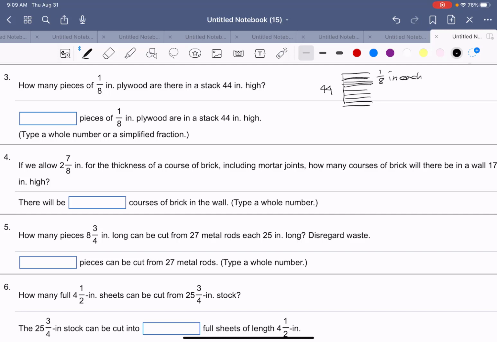We've divided our whole stack by 1/8 inch boards, so we're going to do 44 divided by 1/8. So that's 44 times 8 over 1, and 44 times 8 is 352. So that's 352.